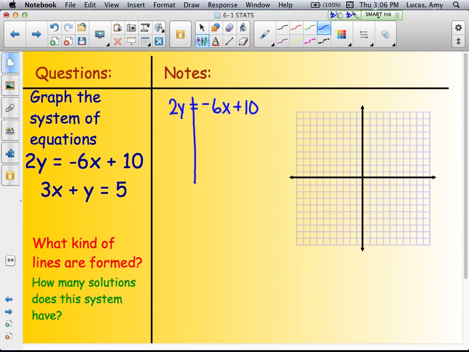To get the y by itself, we just need to divide by 2. So I divide everything by 2, which gives me negative 3x plus 5. So I start my graph at 5 on the y-axis. My slope is negative 3. I can put a 1 under it to make it a fraction. So then I'm going to move down 3 over 1 to the right. Down 3 over 1. And then I can draw my line.